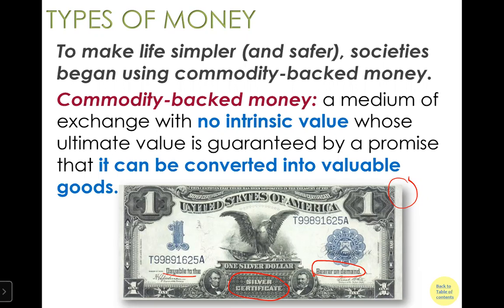In other words, this is commodity-backed money whose ultimate value is guaranteed by a promise that it can be converted into valuable goods. In this case, what is the valuable good? It is silver.